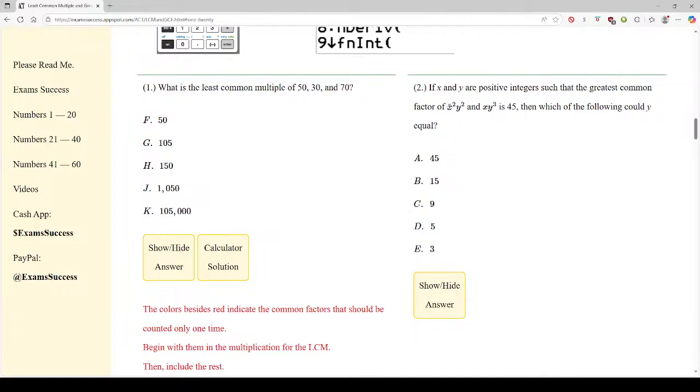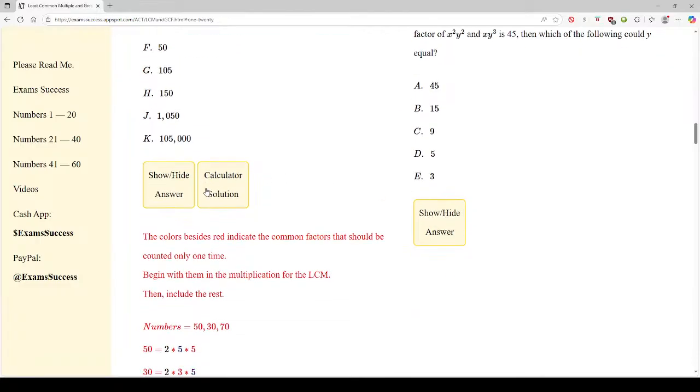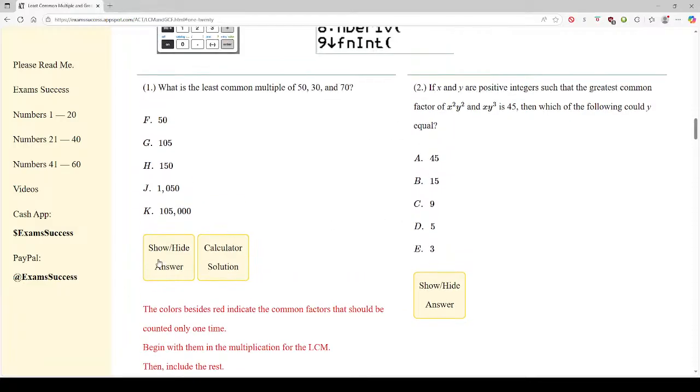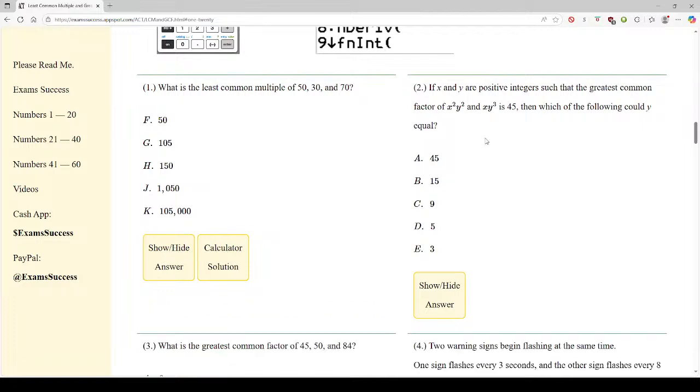If you have only variables and you're asked to find the GCF or the LCM, here is the question. If x and y are positive integers such that the greatest common factor of x squared, y squared, and xy cubed is 45, then which of the following could y equal?